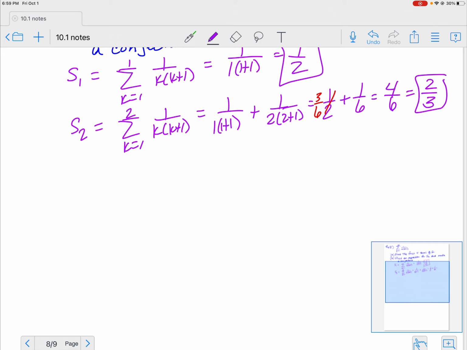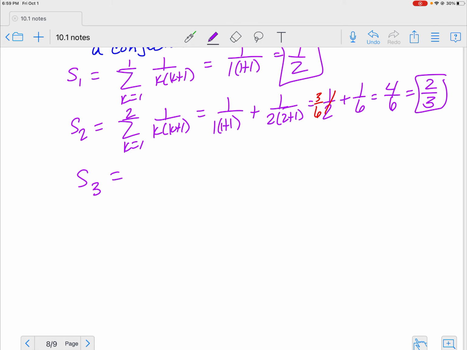Okay? Do the next one because I've got 4. So S sub 3, right? We can put all this in. I'm summing this up. From k going from 1 to 3 of 1 over k times k plus 1. But you're seeing this pattern, right? I've got 1/2 plus 1/6 plus, then I'm plugging in that 3. 3 times 3 plus 1.